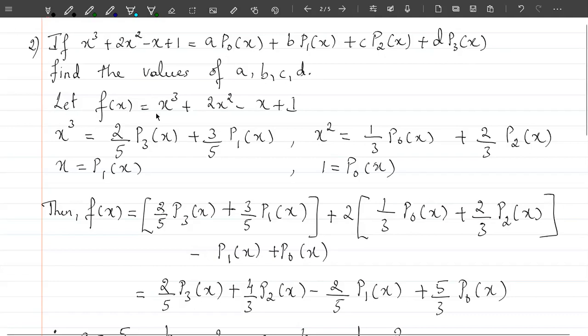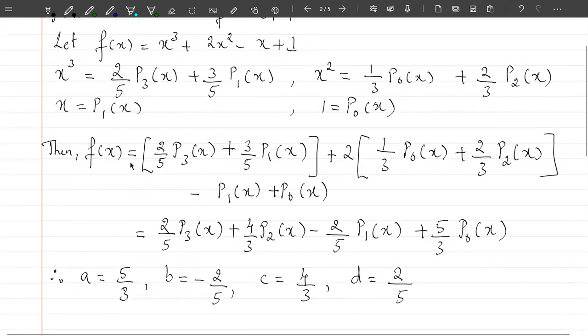So let's take f of x as x cube plus 2x square minus x plus 1. What is x cube equal to? 2 by 5 p3 of x plus 3 by 5 p1 of x. X square is equal to 1 by 3 p naught of x plus 2 by 3 p2 of x. X is equal to p1 of x and 1 is equal to p naught of x.